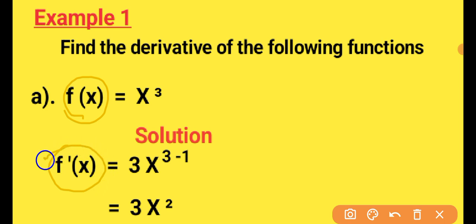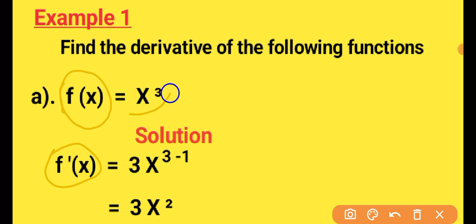So this f dash means the derivative of the function, which is up here. Without including very many steps, let us move straight by writing the expression for the derivative of this function. It will be f dash. So in that case, we differentiate this one here to get the derivative.